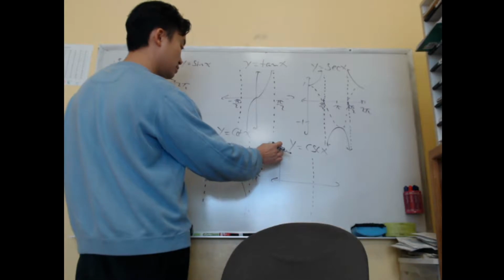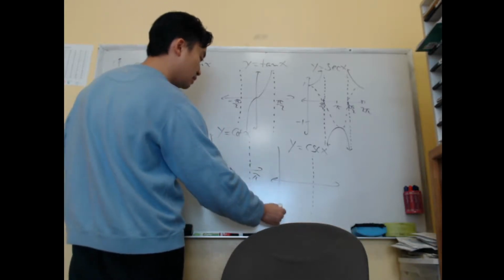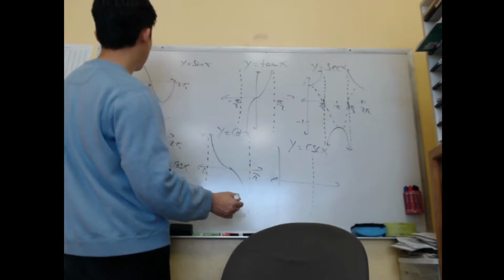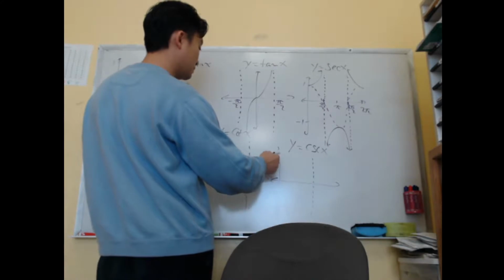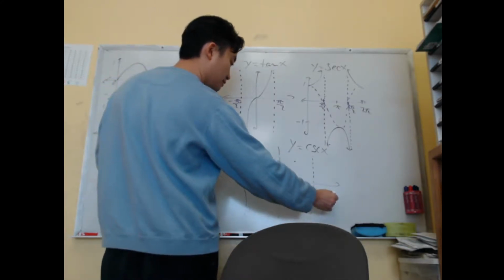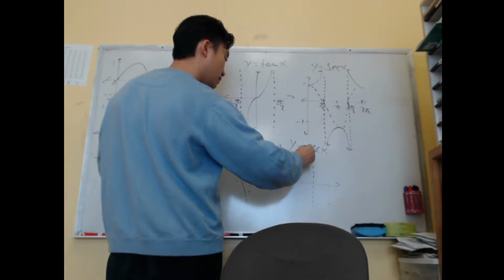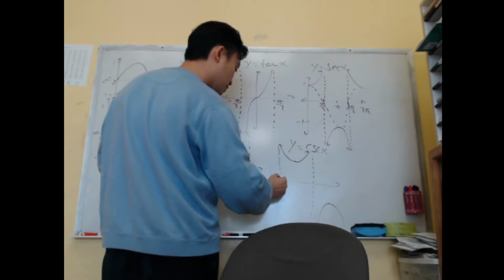Oh, this one is actually just the y-axis, so we've got a VA right here in the middle. And then, oh, this one's supposed to be a VA as well. That's right. Then up 1, down 1, parabola. Okay, so just like this.